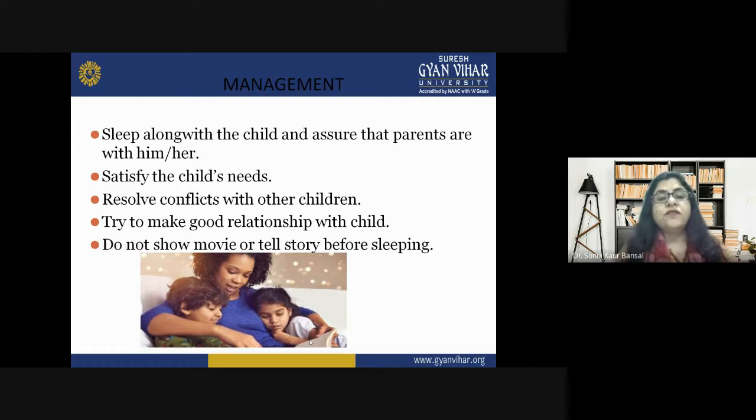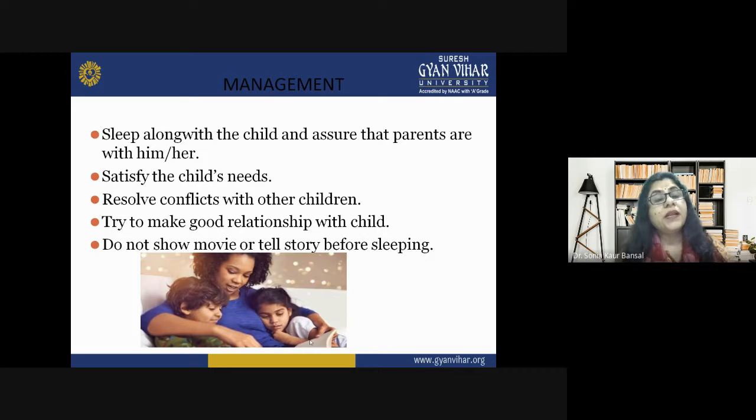So resolve conflict with other children also. If the child is having some conflicts with his friends, maybe the friends are very small and parents think they will solve it out themselves, but sometimes the parents interference is needed because the guidance is needed. So it's really very important for parents to solve the conflicts also, whatever the children are facing.